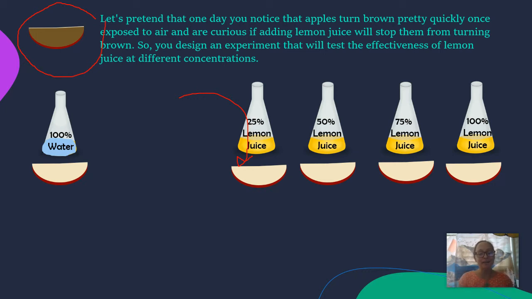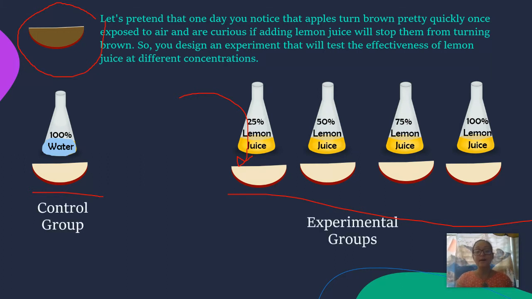So if I add a liquid to these 4 apple slices, then I need to add a liquid to this one. That's part of my controlled experiment. But the difference between my control group and my experimental groups is what is that liquid, right? So I'm testing the different concentrations of lemon juice, but I'm going to compare it to one without lemon juice, which is my control group here. So let me go ahead and just erase all this.